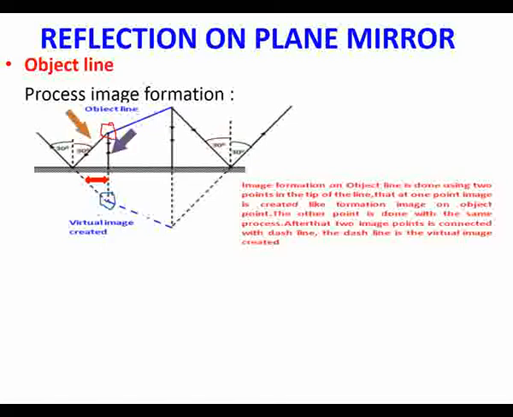In the same way, at the second point, we will get the other image point behind the mirror. And the two image points behind the mirror will be connected with a dashed line. The dashed line is the virtual image because it is created by the intersection of two dashed lines.